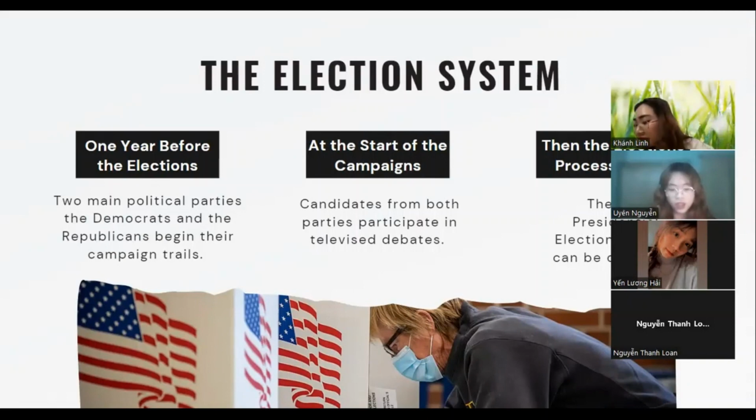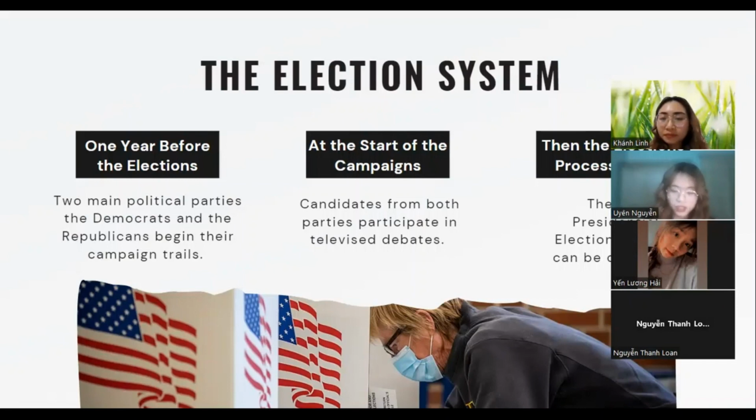At the start of this campaign, candidates from both parties participate in televised debates. During the debates, each candidate will have to answer tough questions about their policies as well as defend their stand on issues and policies against other candidates.